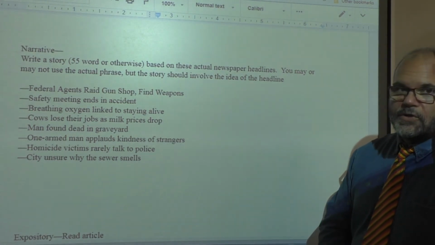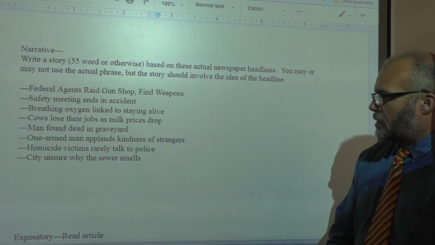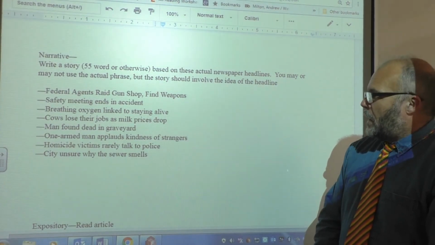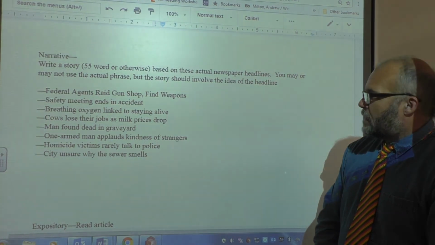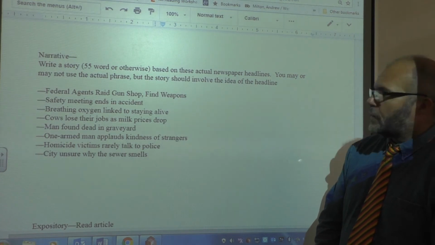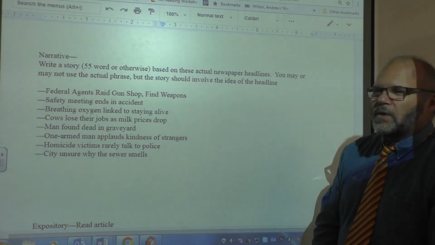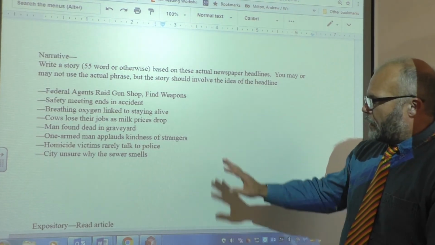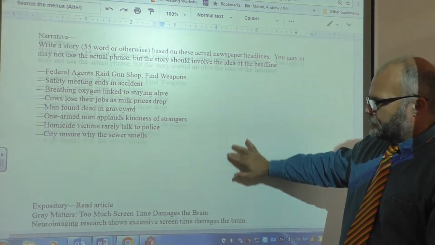These actual words could show up in the story. That's fine. Okay. They're kind of silly because the wording is funny, like federal agents raid gun shop, find weapons. So the point being, of course they'd find weapons in a gun shop. That's what the shop sells. So there's several here you can choose from.